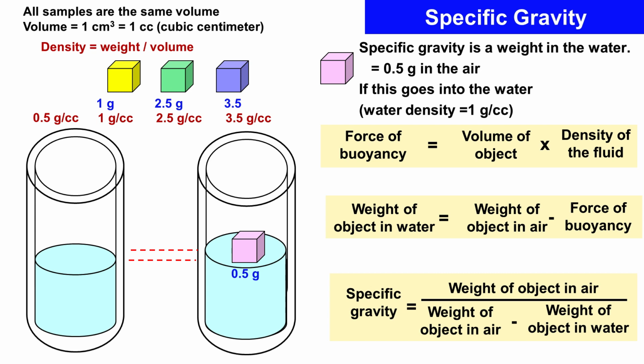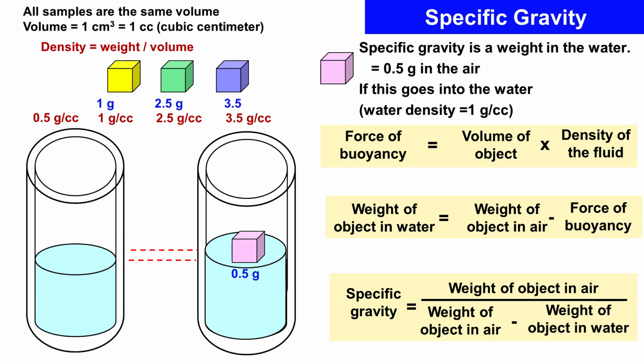According to the principle of buoyancy, the water that has been displaced has a mass equal to the total mass of the block. The total mass of the block is 0.5 gram because density is 0.5 gram per cc and volume is 1 cc, so mass is 0.5 gram. So 0.5 gram of water is displaced.